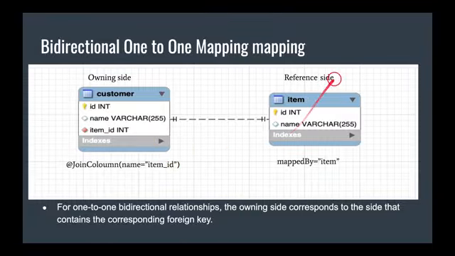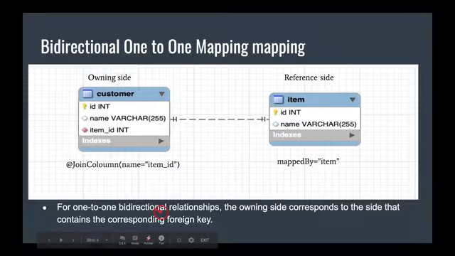Now talking about the reference side, the item table will have the mappedBy attribute, saying that the item name is available inside this customer entity, and that will have the association, item id. That's how we tell Hibernate. For one-to-one bidirectional mappings, the owning side is the side that contains the corresponding foreign key.